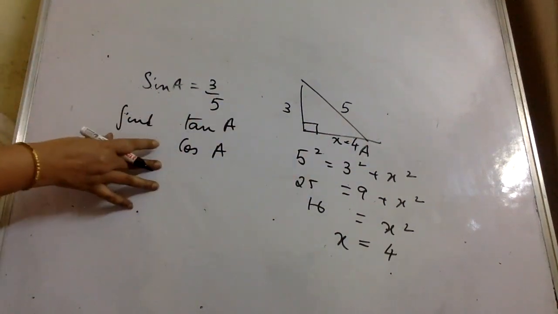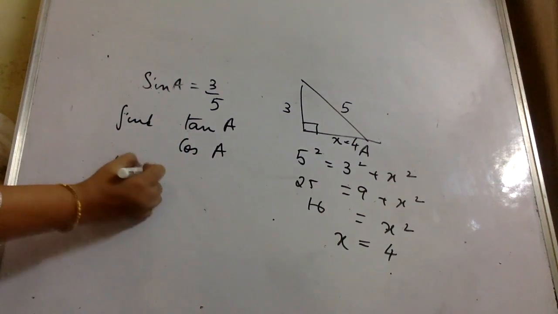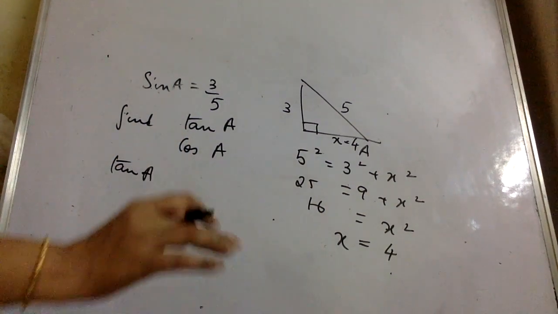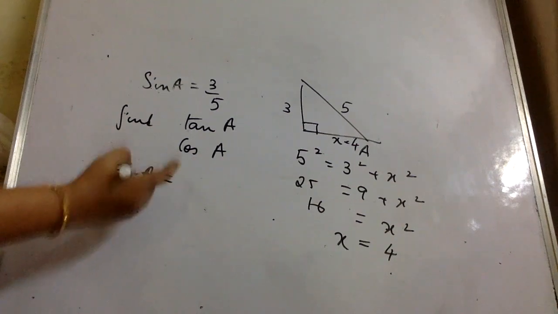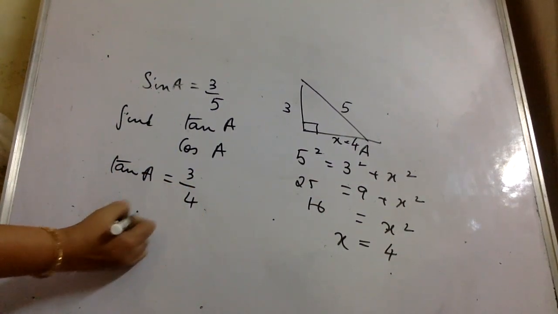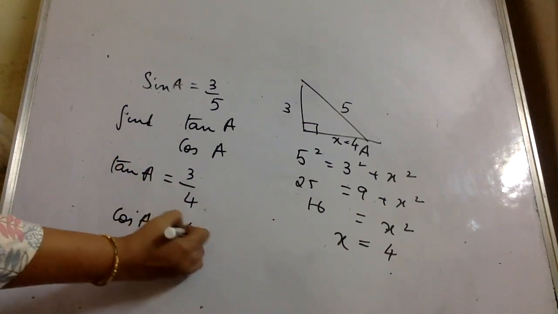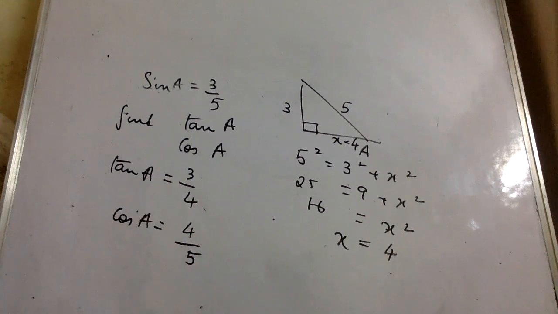Now we are ready to find these values. Tan A is equal to 3 by 4 and cos A is equal to 4 by 5. So we have got all the values.